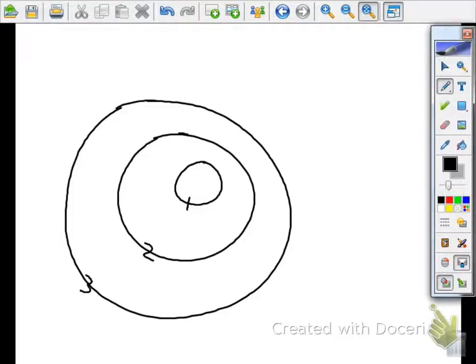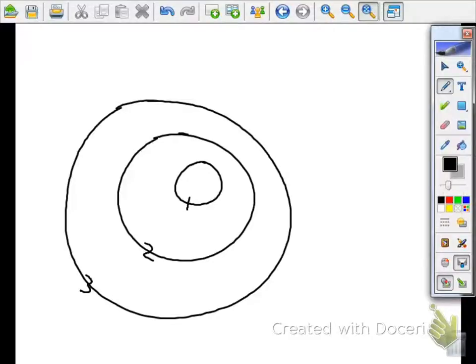They keep going. If I say shell number 1, that's the principal energy level. The electron is here. If I say shell number 2, the electron is farther away. If I say shell 3, 4, 5, 6, 7, they just get farther away from the nucleus.